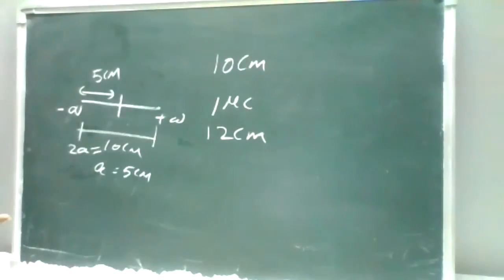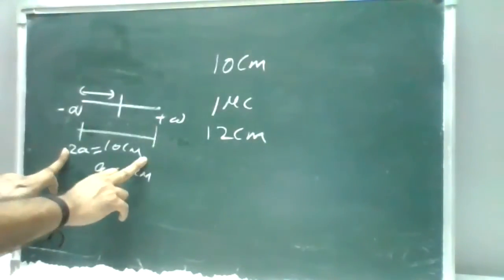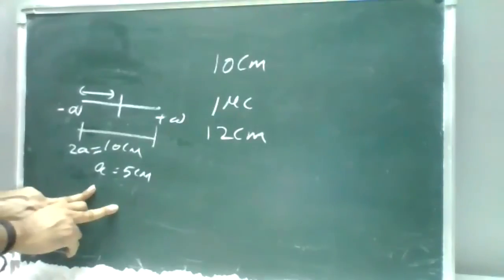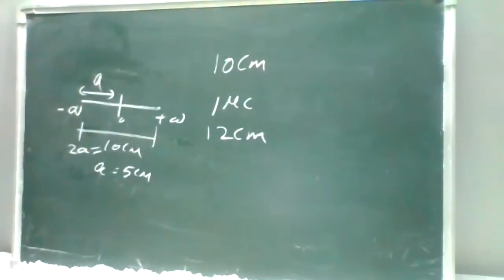So it depends upon the question. Here the distance between the two charges is 10 centimeters, which is 2a, so a is 5 centimeters. A is the distance from the center point to one of the charges. Understood? Okay sir.